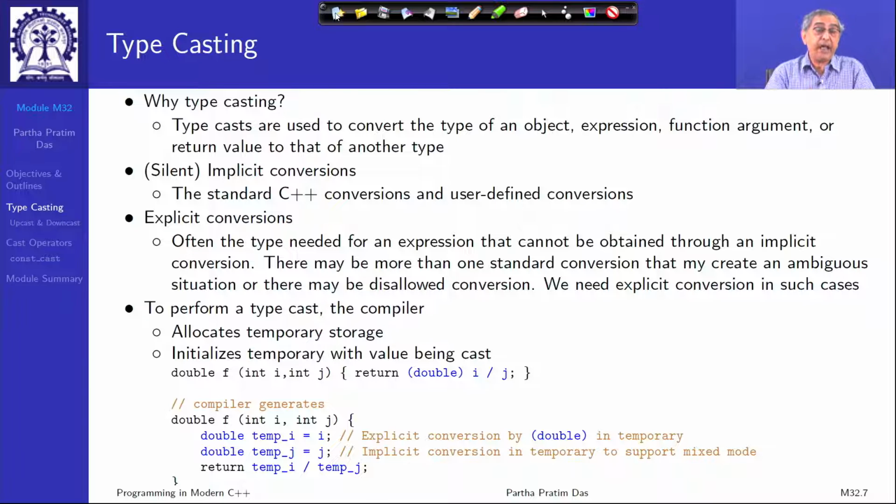Now, the question is what actually happens in the conversion. When we say conversion, we have kind of a mental set that a conversion is like: I have an integer value 2, I convert it to double, it becomes 2.0. I have a double value 2.0, I treat it as integer, it becomes 2.